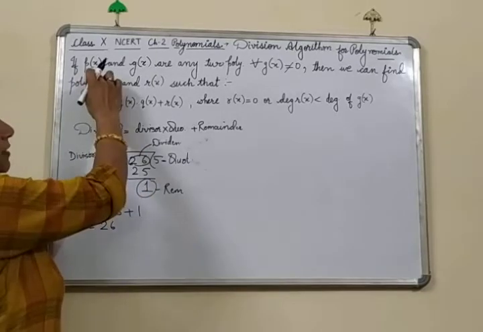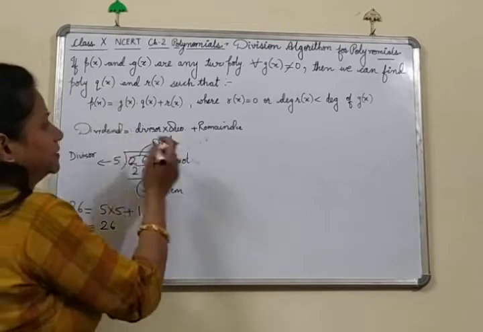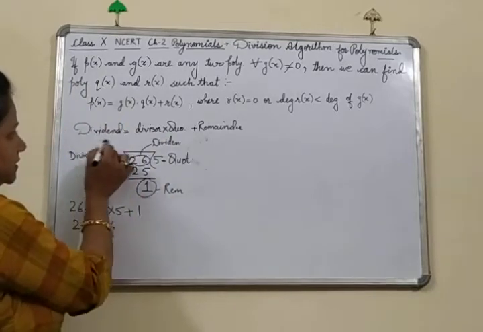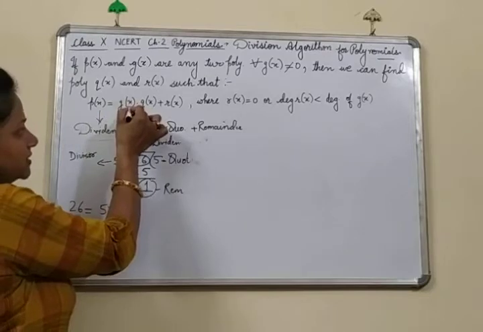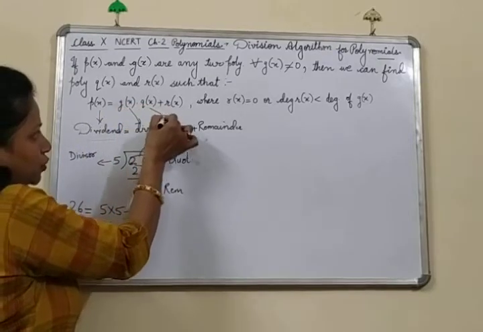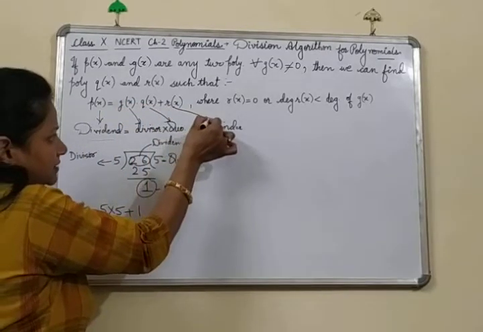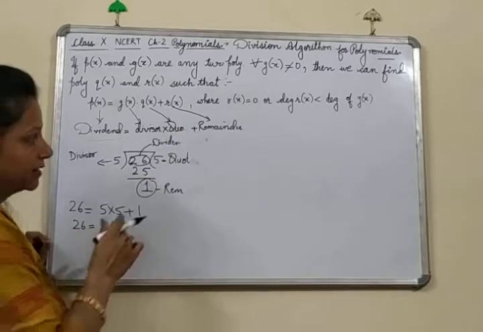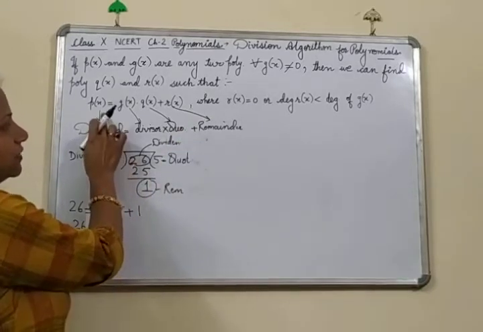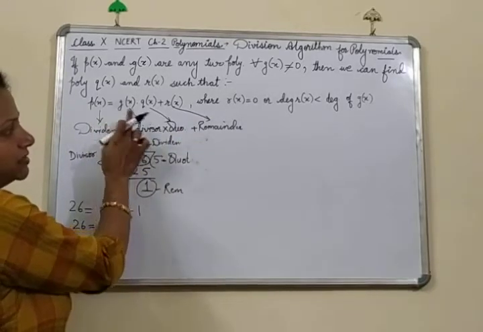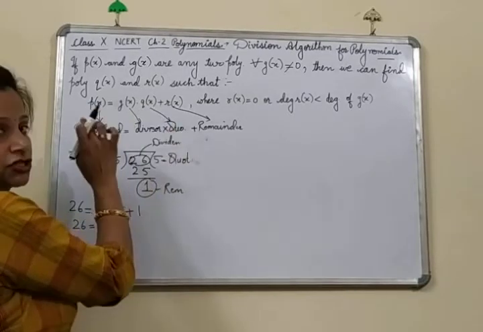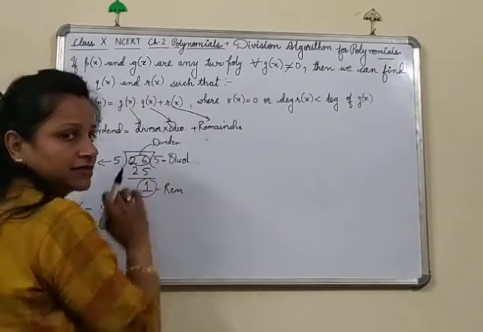Now let us consider p(x) is our dividend. g(x) is our divisor. q(x) is the quotient and r(x) is the remainder. Same. In place of dividend, we have written p(x). In place of divisor, it is g(x). In place of quotient, it is q(x). And in place of remainder, it is r(x).